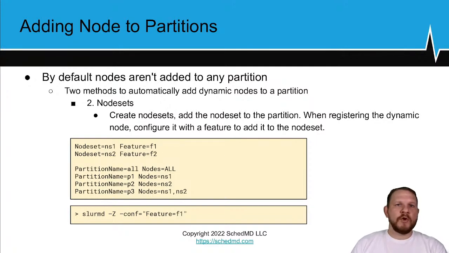So if I start my dynamic node with slurmd -Z, and I give it the conf line of the feature of F1, then my node, when it registers, is going to be placed into 3 partitions. All, because of Nodes=ALL. It will also be put into P1 because that is NS1 node set, as well as P3 because that's also NS1. And my node registering as F1 will be put into the NS1 node set. So that's the method that you would put these dynamic nodes into the different partitions that you have set up.